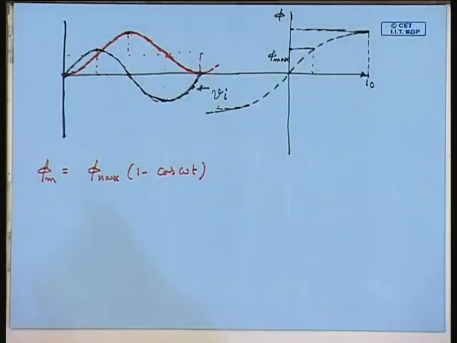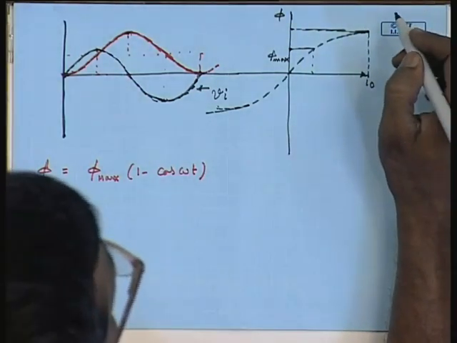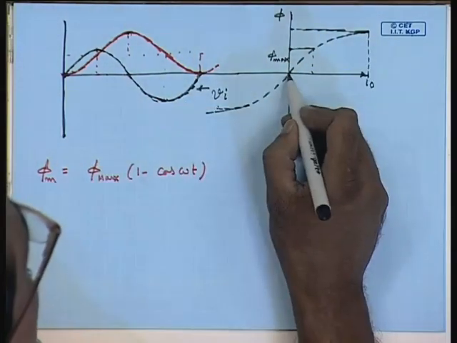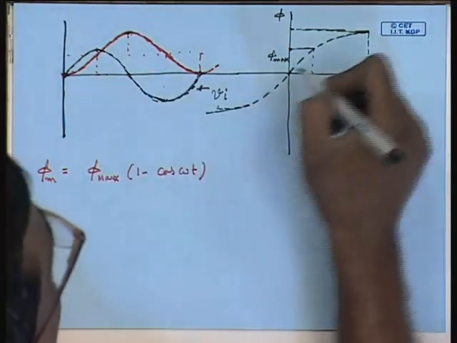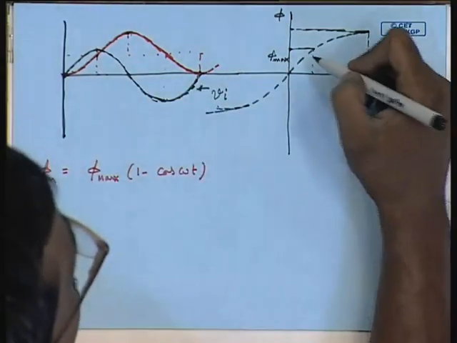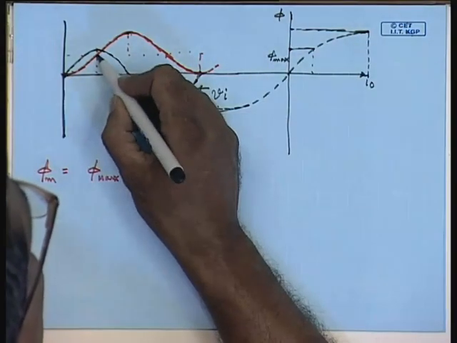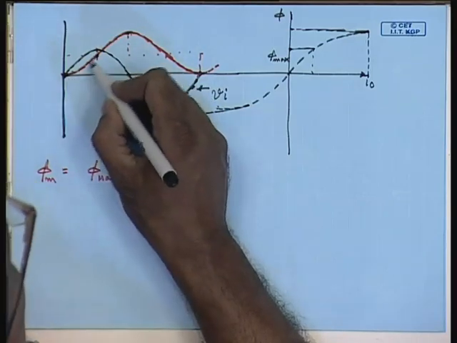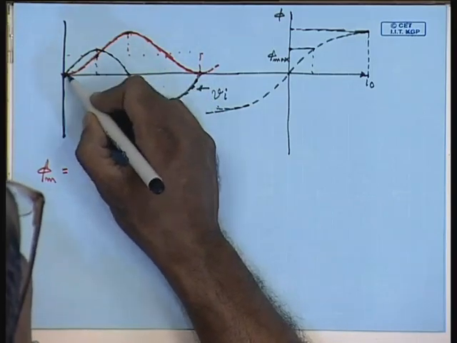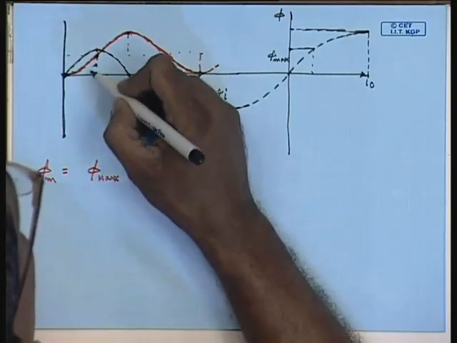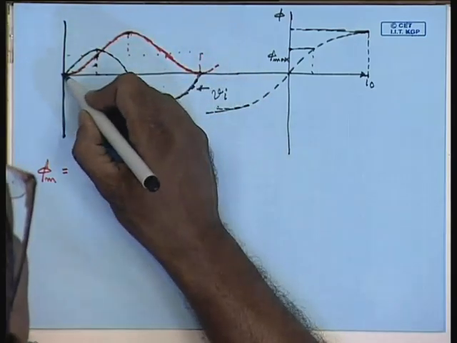So, the current waveform, if we neglect the hysteresis, at t equal to 0 is 0, at omega t equal to pi by 2 it reaches the rated value, and then at omega t equal to pi it reaches a very high value.